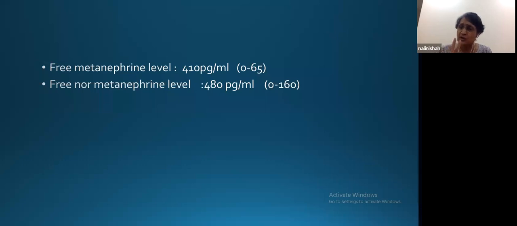DOTA is size specific, so smaller lesions you can miss with DOTA, but it's generally not common to see pheo less than a centimeter, unless it is part of the screening process in a genetically predisposed individual. Understood? So DOTA is also a very specific investigation.